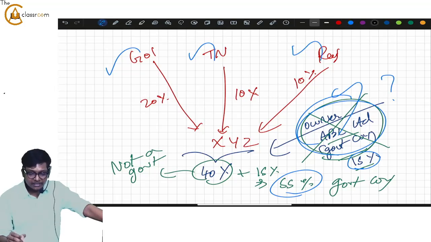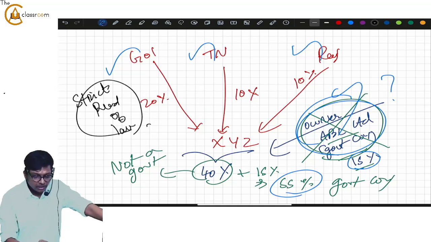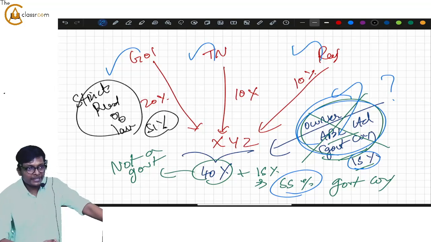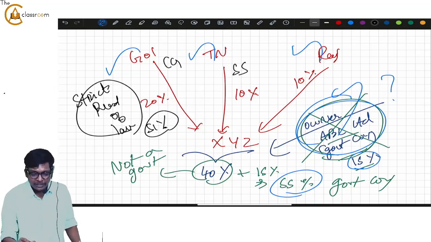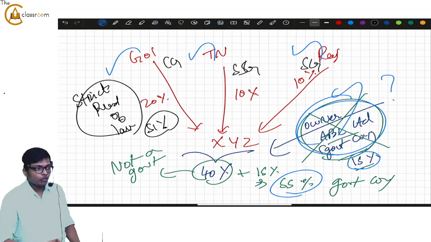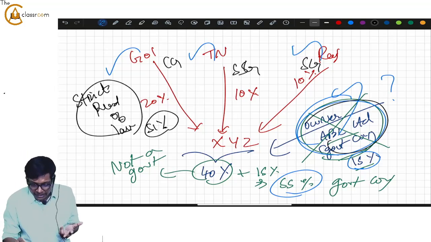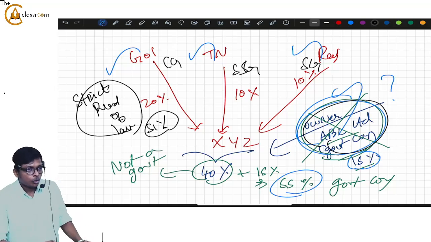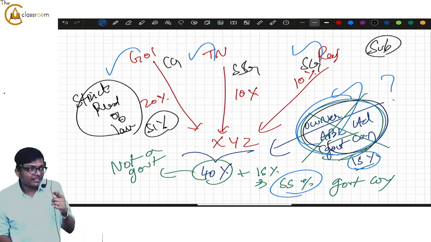But as per strict reading of the law, what is the law saying? 51% of paid up share capital is held by central government or state government or combination. Is he saying anywhere in the definition that it is held by a government company also? No. Only central or state government, or a subsidiary, will I consider.